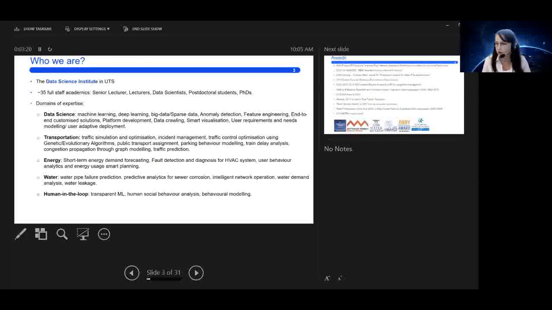There is also a very interesting domain that the group has started to recently study, which is human in the loop. It's basically how can we embed human social behavior into machine learning? How can we keep this into account? So as you can see, data science can be applied to a lot of domains, not just one. So it's fantastic because you can have a lot of different expertise, different backgrounds, but still get some interesting results.